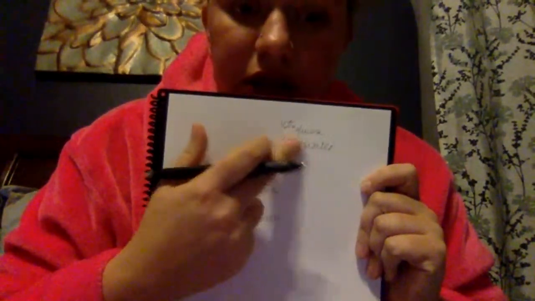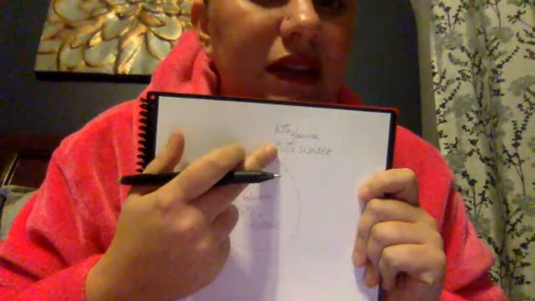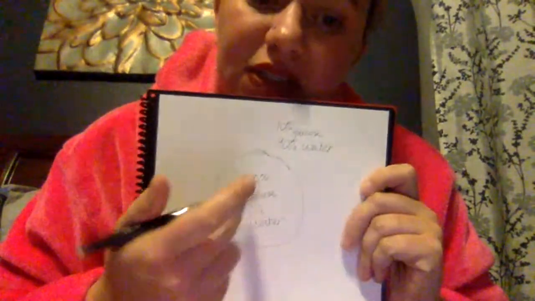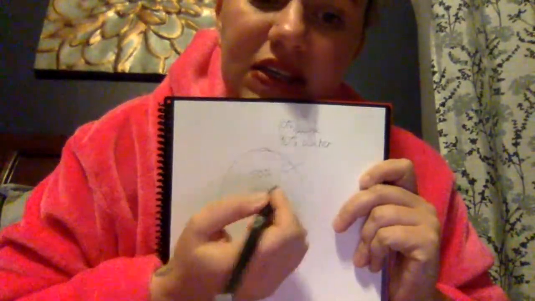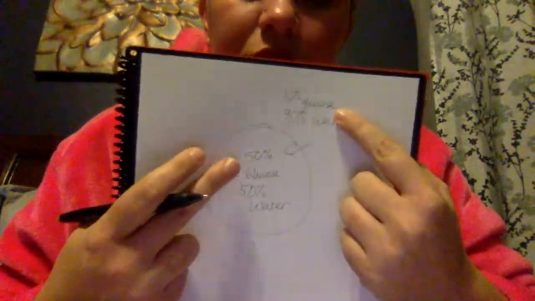So water is outside the cell. It doesn't want to be there, right? Because there's too much of it. There's 90% of it. So it wants to go where there's less of it, which means in the cell. And now bring that glucose back in and look at what's happened. 10% glucose was out, 50% glucose was in.